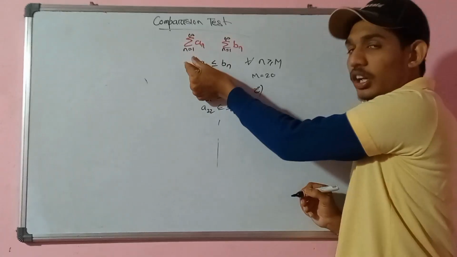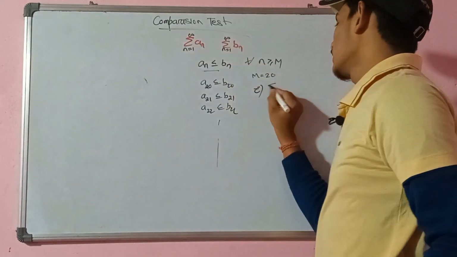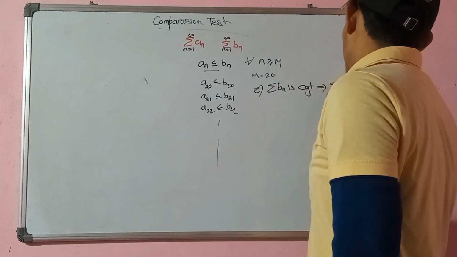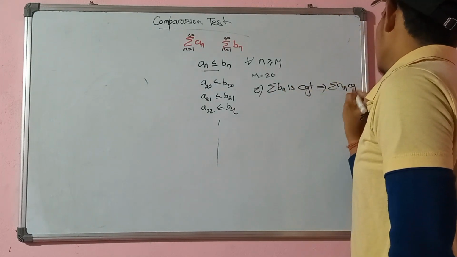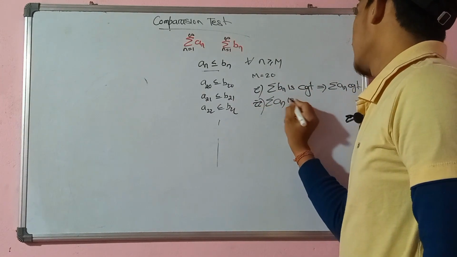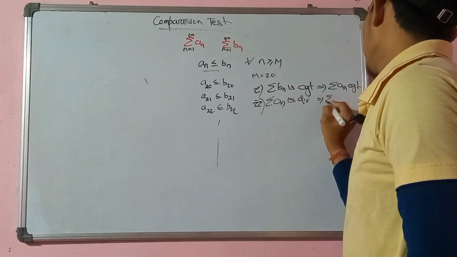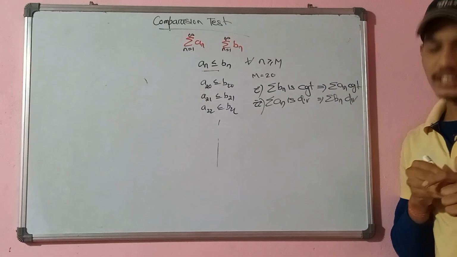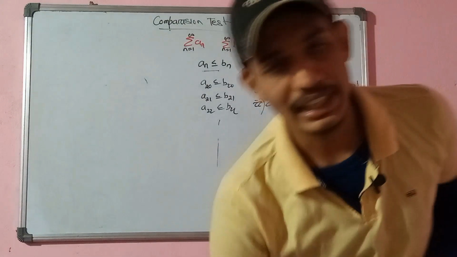And if my small will diverge, my big will diverge. If Bn is convergent, my An will converge. Second point: if An is divergent, then my Bn will diverge. Clear? Let's do some examples based on this.